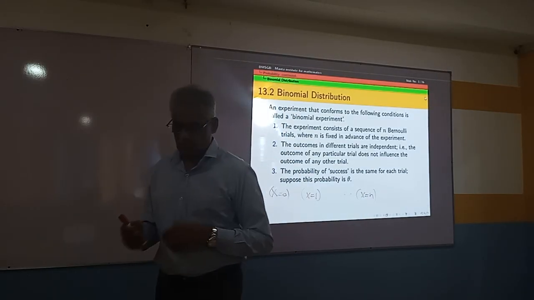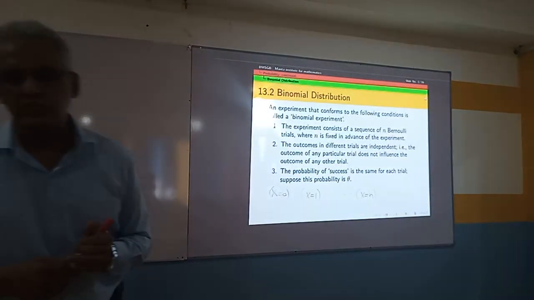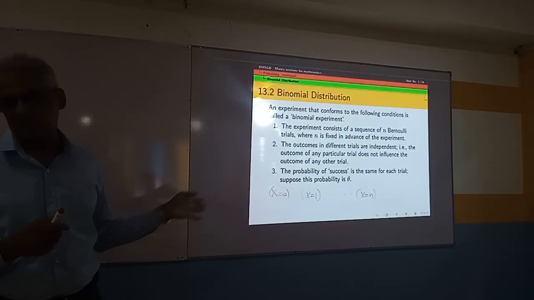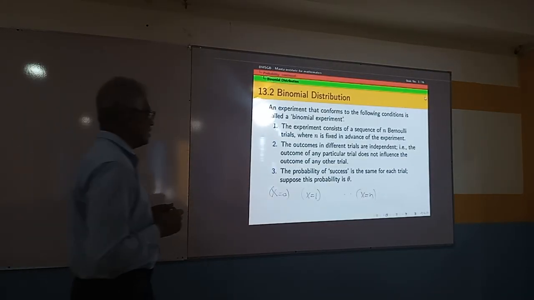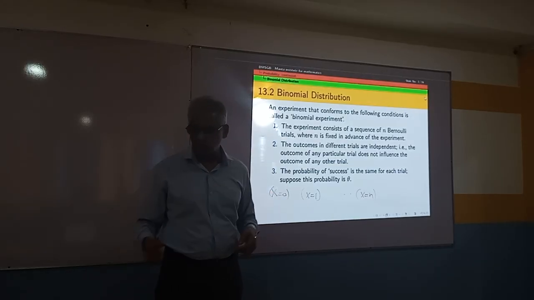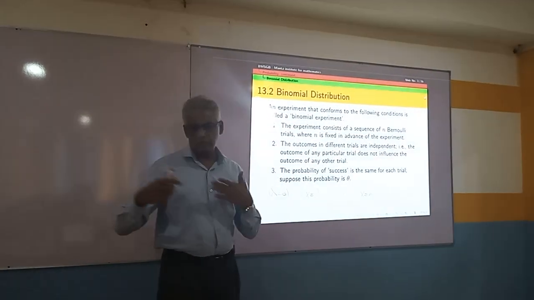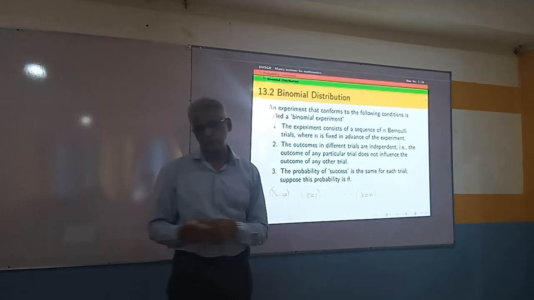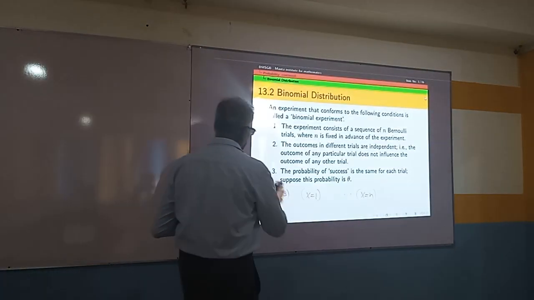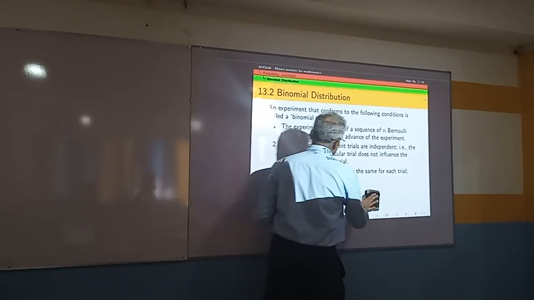So what we call the binomial distribution is just a single formula that gives the probability of any of these generally. If you want to find the probability x equal to 0, we should be able to get that probability using that formula. Probability x equal to 1 from the same formula, probability x equal to n from the same formula. So that's what we call the binomial formula.